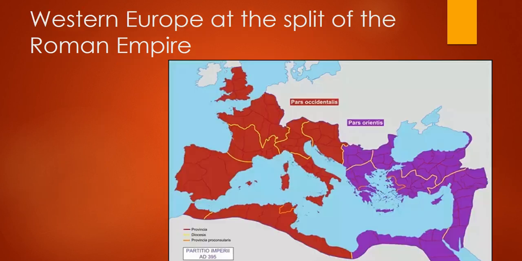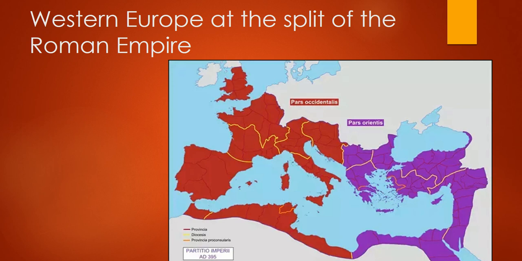Okay, if we take a look at that image from last time that shows the division of the Western Roman Empire from the Eastern Roman Empire, it tells a story when we look again, and what we're focusing on is the area of Western Europe.